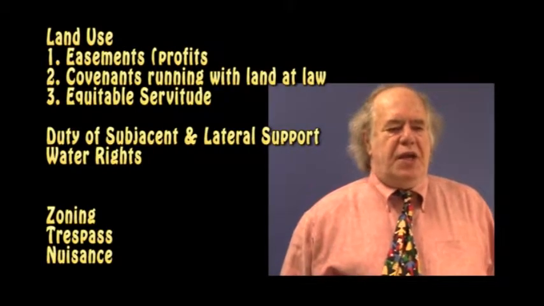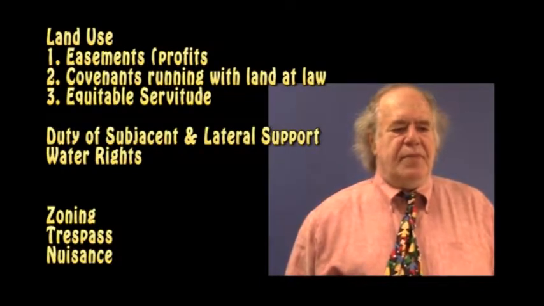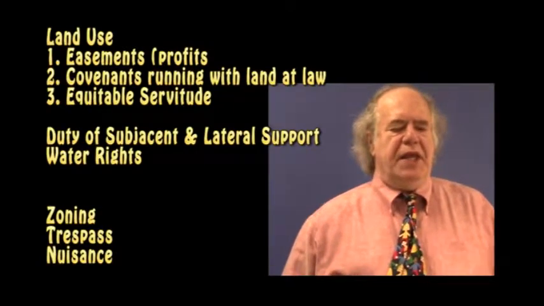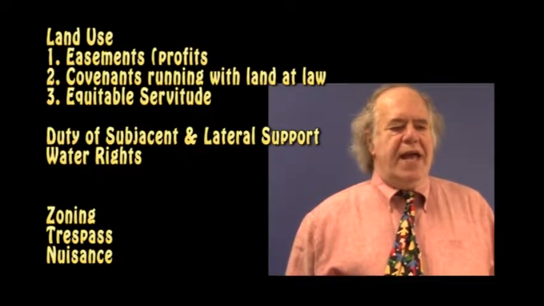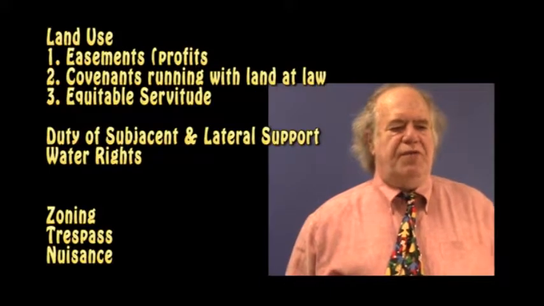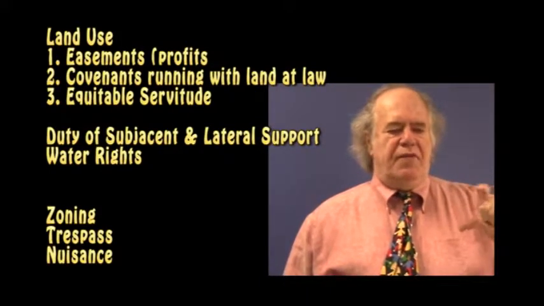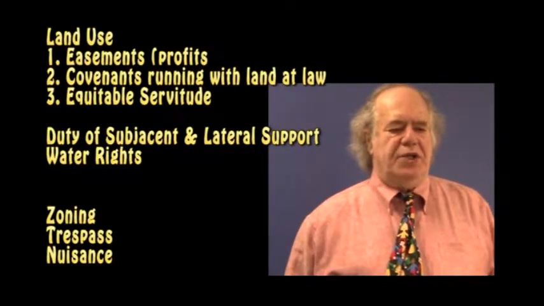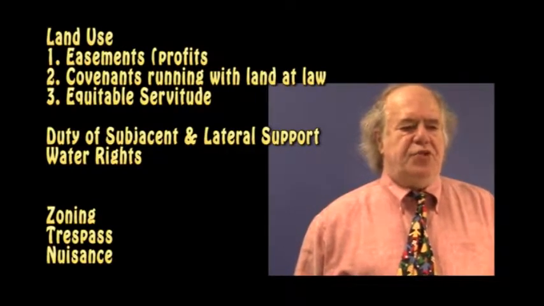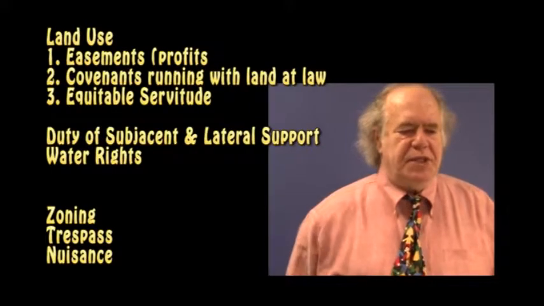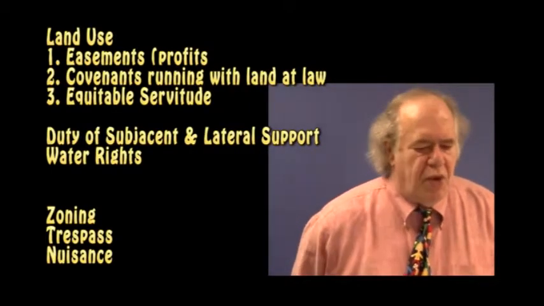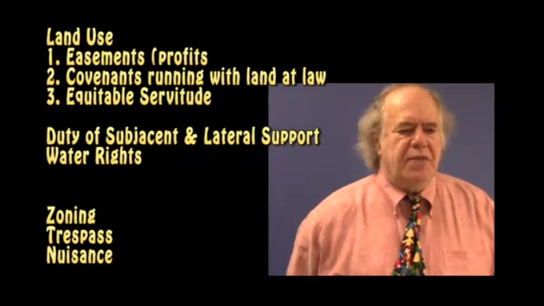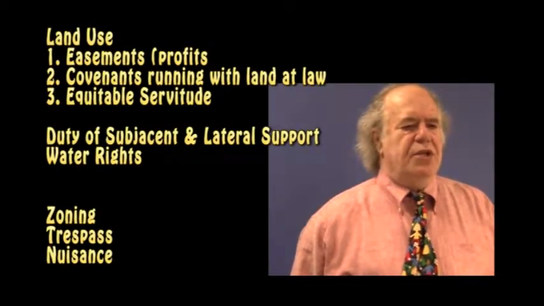The big ones are easements and profits, which are similar, covenants running with the land at law, and equitable servitudes, which are very similar to covenants and sometimes also very similar to easements. So which label we want to attach can sometimes be tricky and difficult. We'll deal with easements. We deal almost not at all with profits, a little maybe with covenants running with the land at law, and with equitable servitudes.